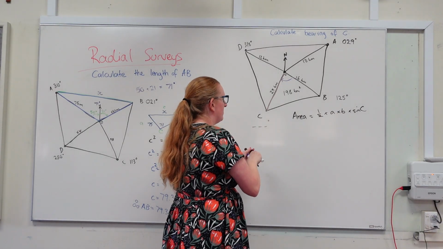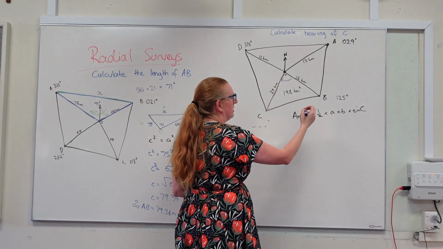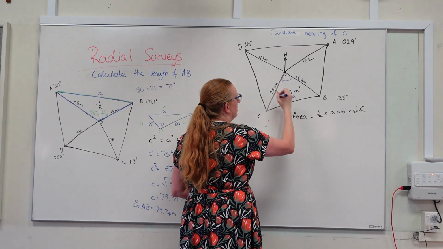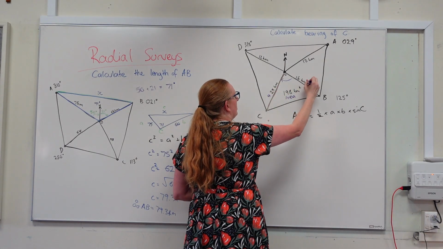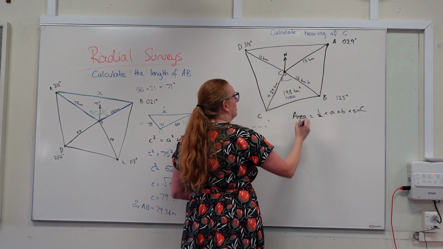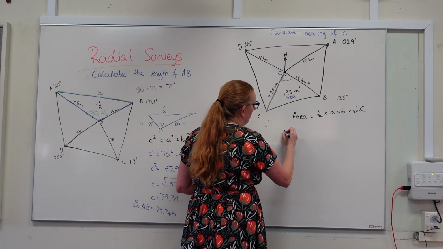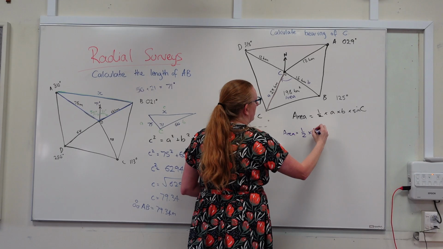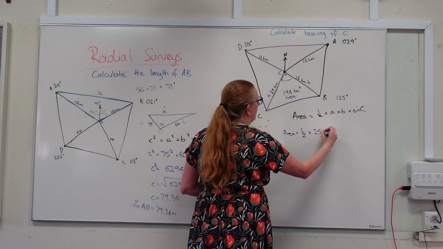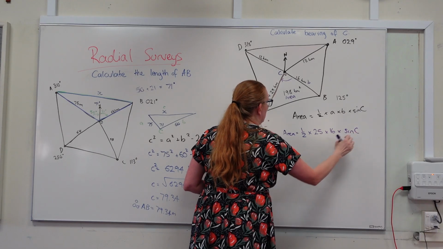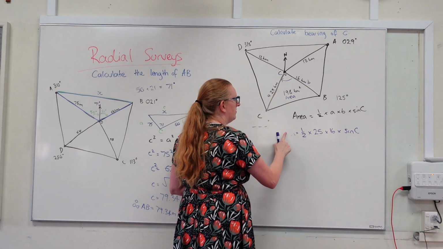Let's put all those pieces of information in. Let me just start by labeling. So I've got the area in here. I've got a little a, I've got a little b, and this angle up here is my capital C. All right, so area equals half times 25 times 16 times sine C. Oops, forgot to put the area in here.